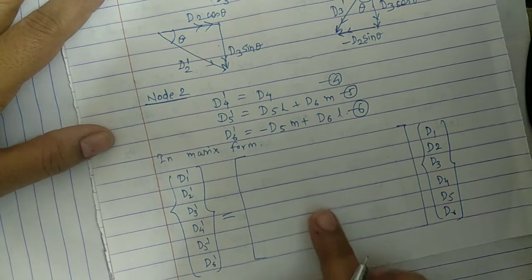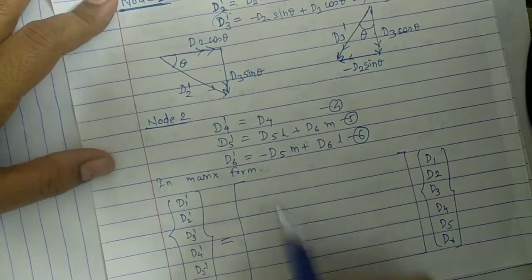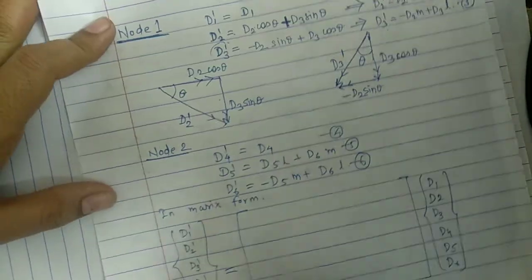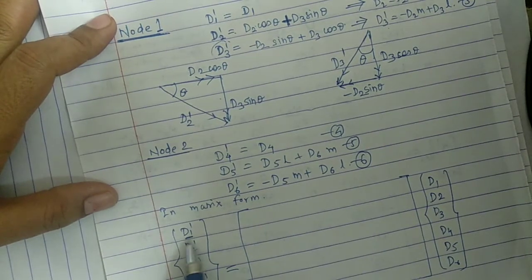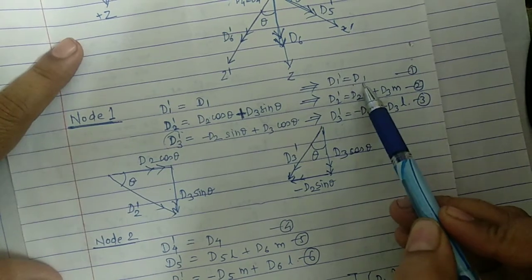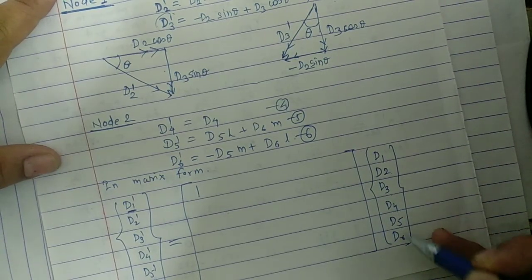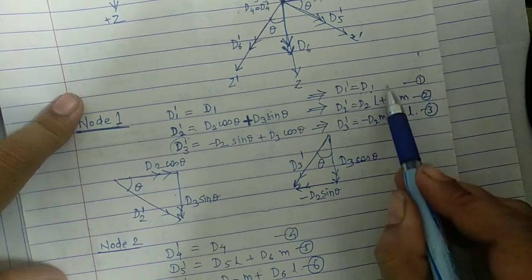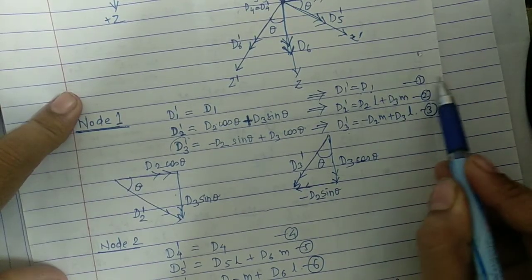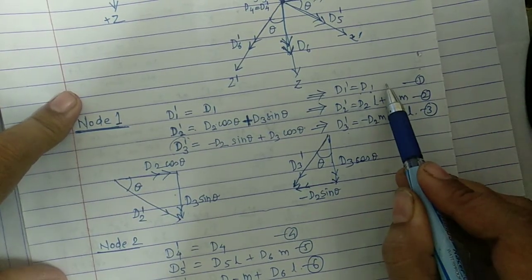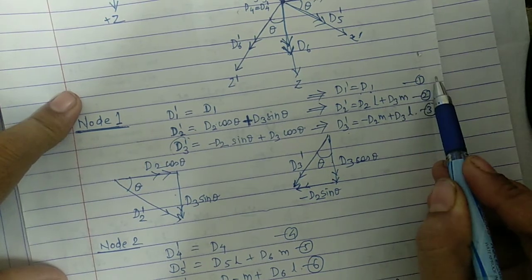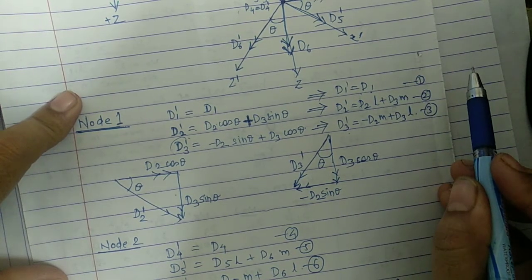Now in this matrix 6 rows and 6 columns will be there. Let us start with the equation of d1 dash. See, d1 dash is equal to d1, that means the coefficient of d1 is 1. The remaining coefficients of d2 d3 d4 d5 d6 are 0, which is why they are not written: d1 plus 0 d2 plus 0 d3 plus 0 d5 up to 0 d6.